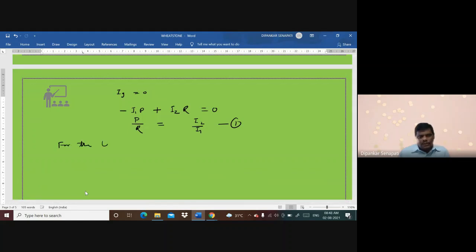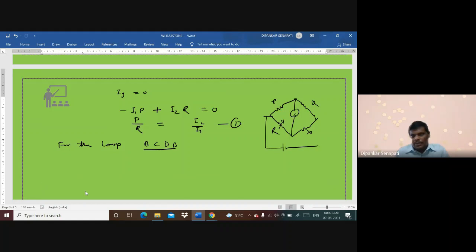For the loop BCDB, what can we write? I hope you remember this. This is P, and this is Q. So here is the variable resistance R, and this is the unknown resistance X, where the galvanometer is G. Current, I hope you remember, is from the power supply.